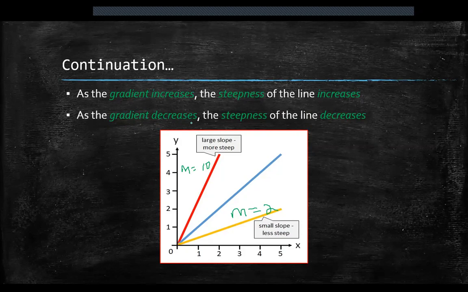And as the gradient decreases, 2 is less than 10, and that's why this yellow line is less steep than the red one or the blue one. Let's say the blue one was m is equal to 6. 2 is less than 6, so it's less steep than the blue line. And 2 is less than 10, so the yellow line is less steep than the red line. Everybody understands that?